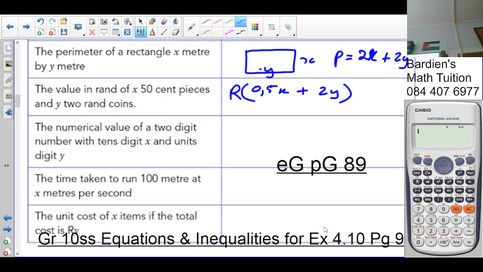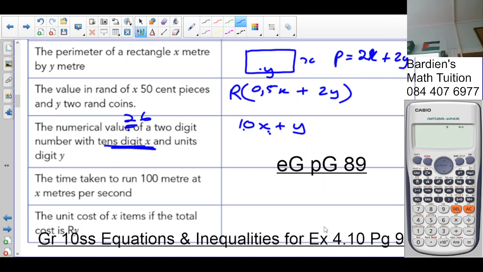Next, the numerical value of a 2-digit number with a tens digit x and the units digit y. So it's 10x plus y, since the tens digit is 10x. Now say for argument's sake the number is 26. Then your x would have been 2, not so? And 2 times 10 is 20 plus 6.